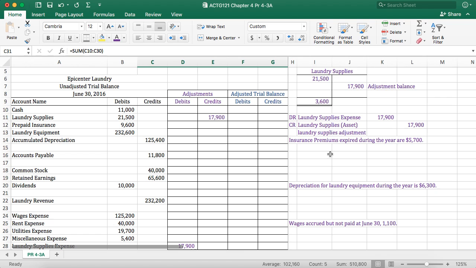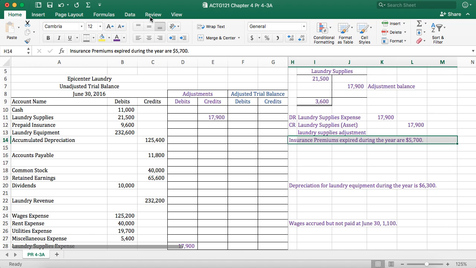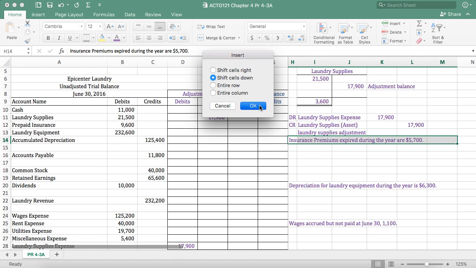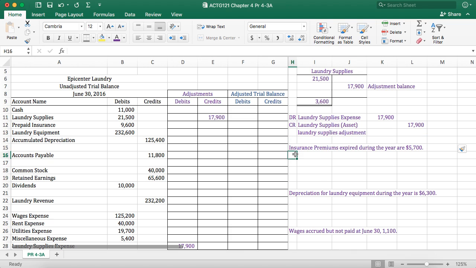Here's the journal entry. Now our second one, here, let me make a little row here so you can see it a little bit better. Okay, the second one is insurance premium expired. Think of expired and think of expense. Expired, expense mean the same thing. So the amount expired during the year is $5,700. So here's our prepaid insurance. So out of this $9,600, $5,700 has expired.